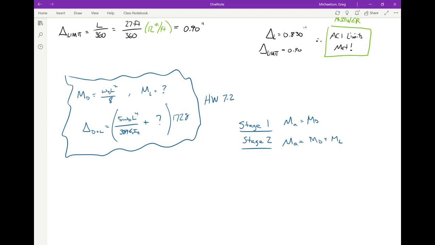That is correct, but what I am saying is that the formula for ML is not going to be wL squared over 8. So I guess the answer to your question is kind of. This is what you've got to figure out. It's not wL squared over 8. If you go to the supplements, you'll find it. It's pretty simple.